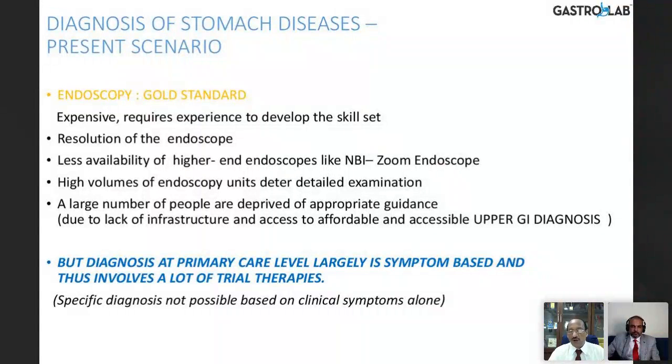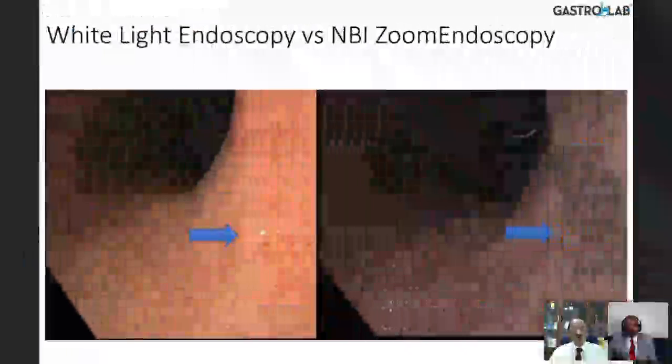Also, not everybody can undergo endoscopy except in tertiary care centers or endoscopy-available centers. So at a primary level, how do you diagnose gastric dysfunction? It's basically symptom based, and it involves trial therapies, which are probably not the right thing to do.